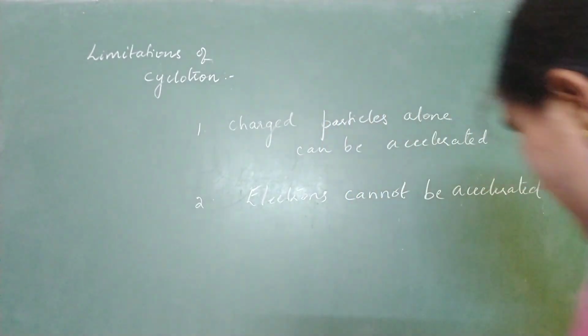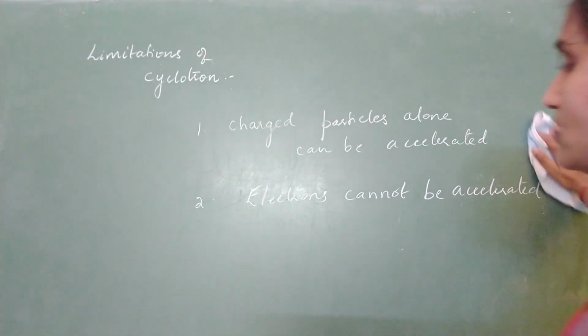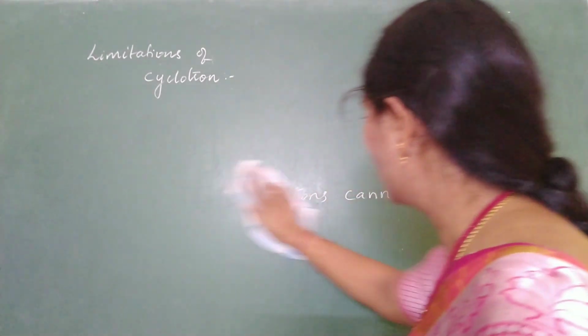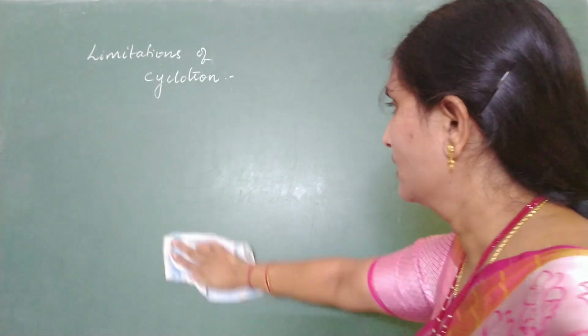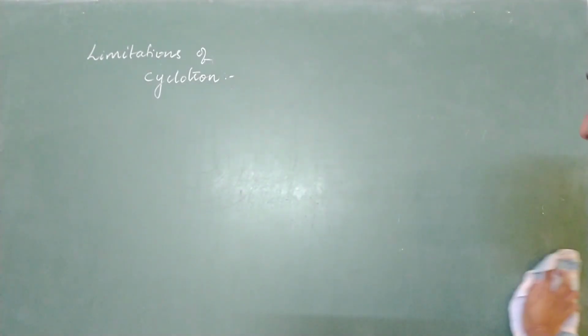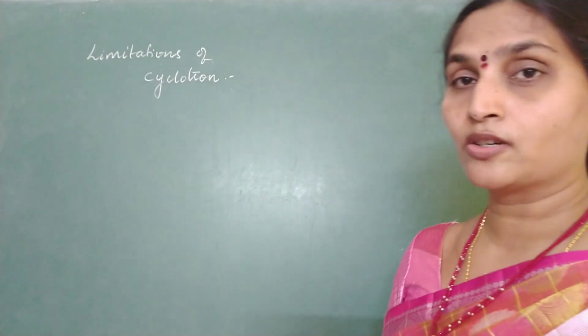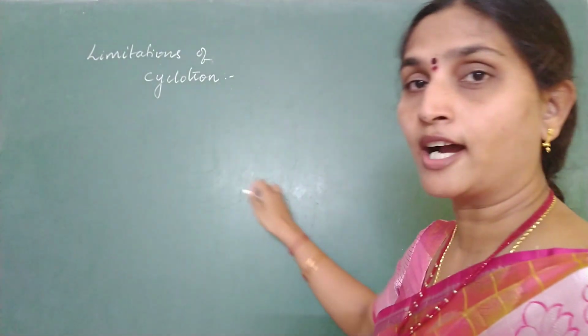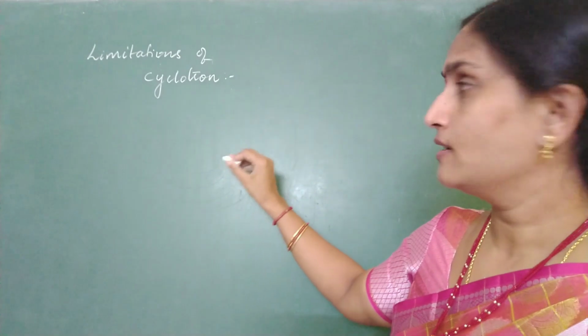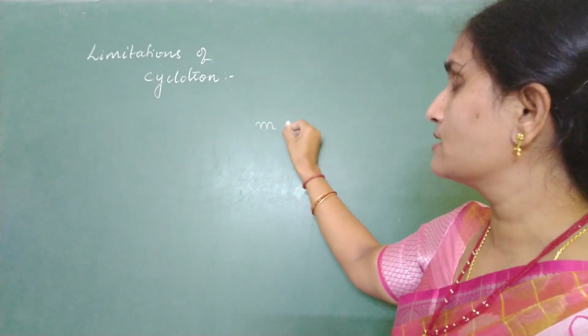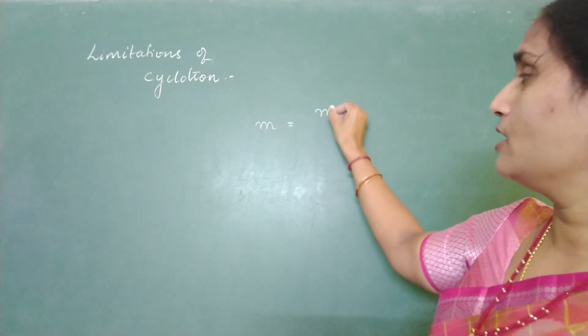The reason is, we know the mass of an electron is extremely small. Since the mass is extremely small, when you insert this electron into a cyclotron, it acquires a very high speed. So as the speed of the electron increases, mass becomes a variable.